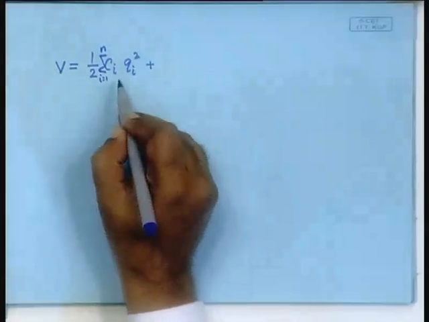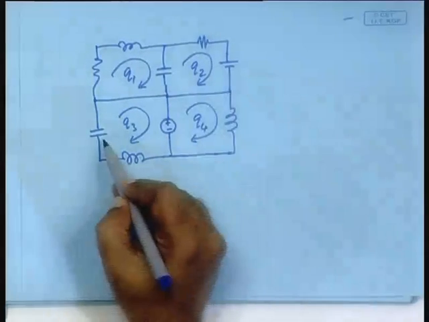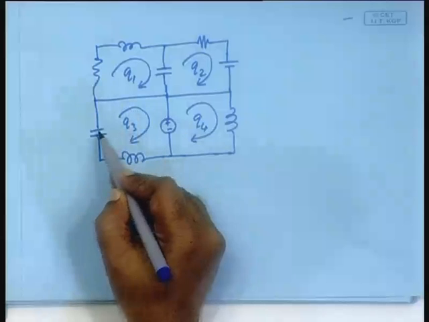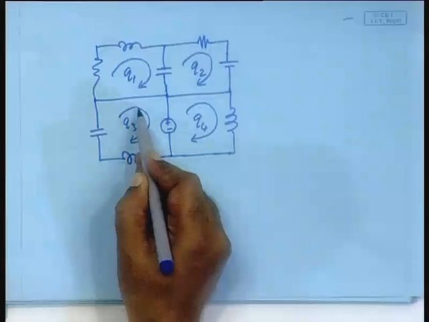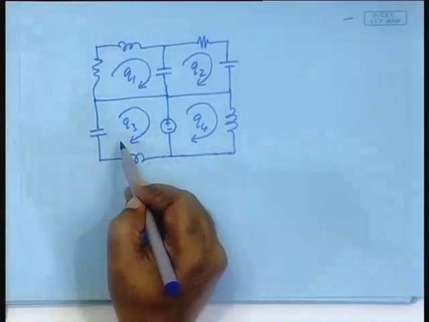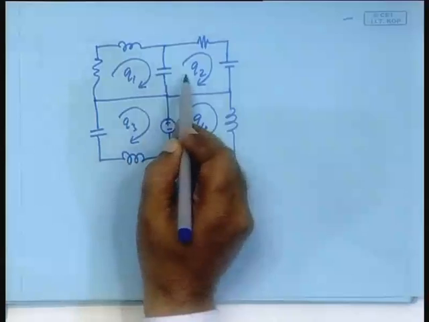Notice that in situations like this, where a capacitor is placed in a branch, the charge flowing through the capacitor is the state variable, but there can also be situations like this where a capacitor is shared between two branches.